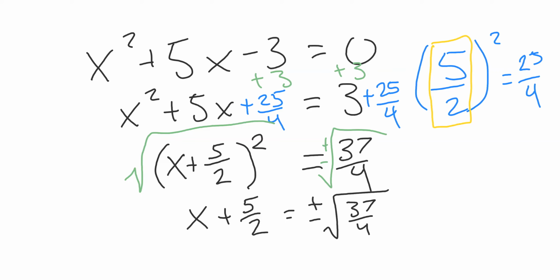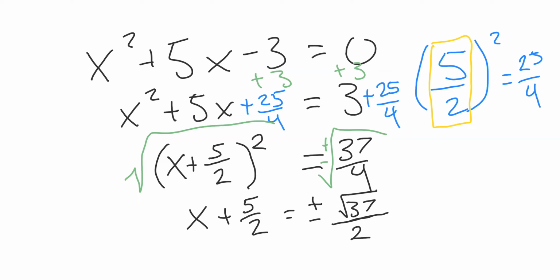And keep in mind, we can use the quotient rule. If we want to, we can take the square root of that denominator right away. So we've got the square root of 37 over the square root of 4. But the square root of 4 is just 2. Okay, so we can rewrite it like that early on if we want.